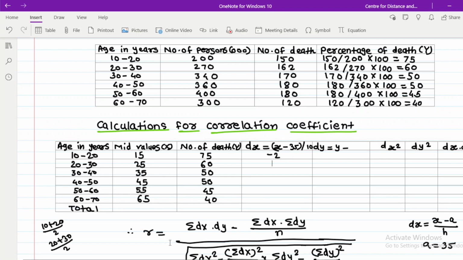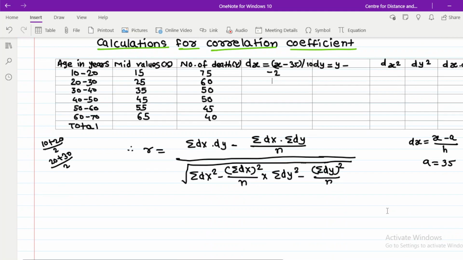Then for the value x is equal to 25, I am writing here dx is equal to 25 minus 35 divided by 10, which is equal to minus 10 divided by 10, which is equal to minus 1.